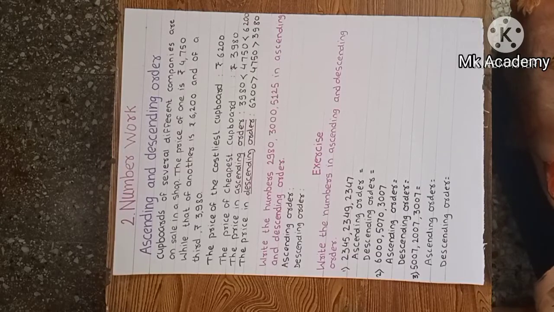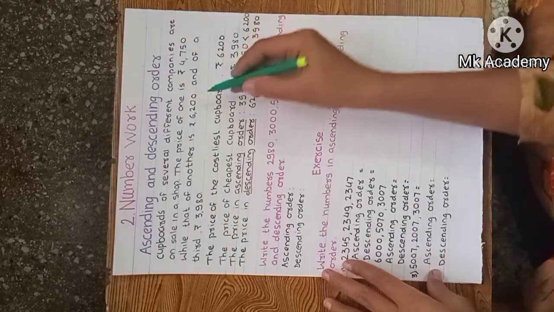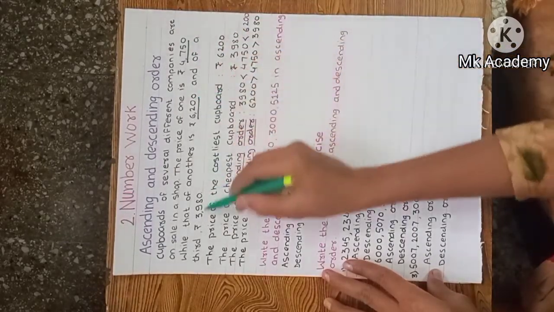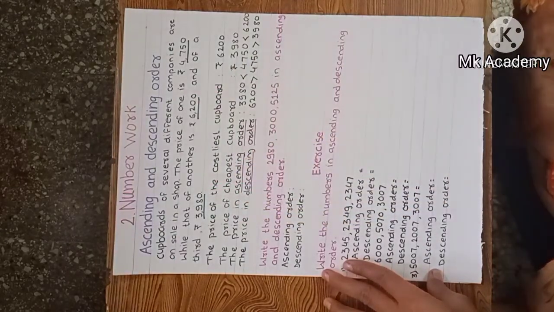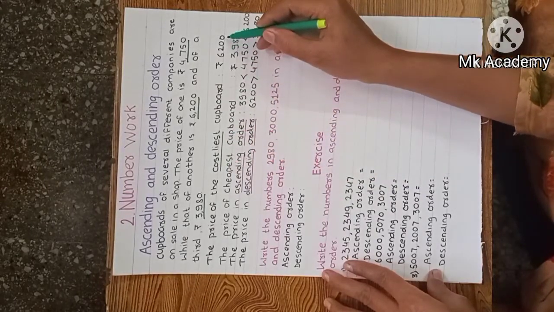Now the price of the costliest cupboard is 6,200. See, these are 3 different cupboards in a shop and the price of the costliest cupboard is 6,200.